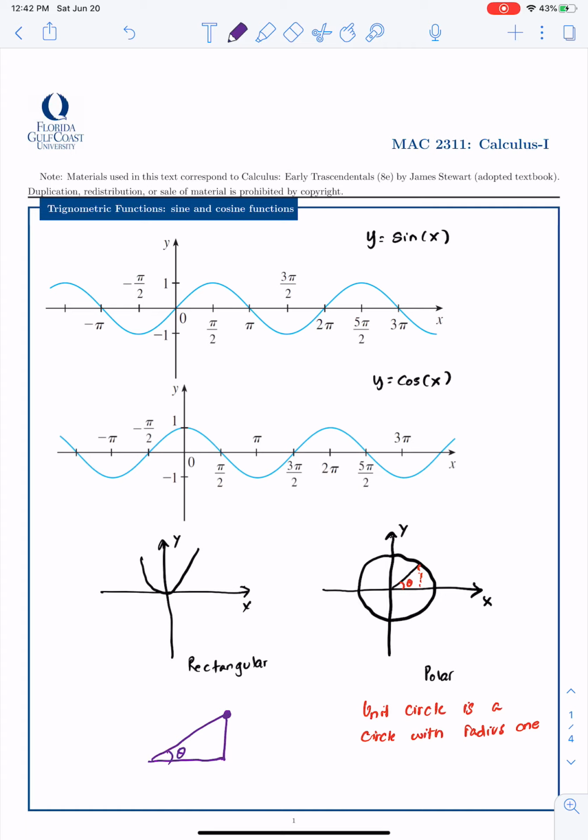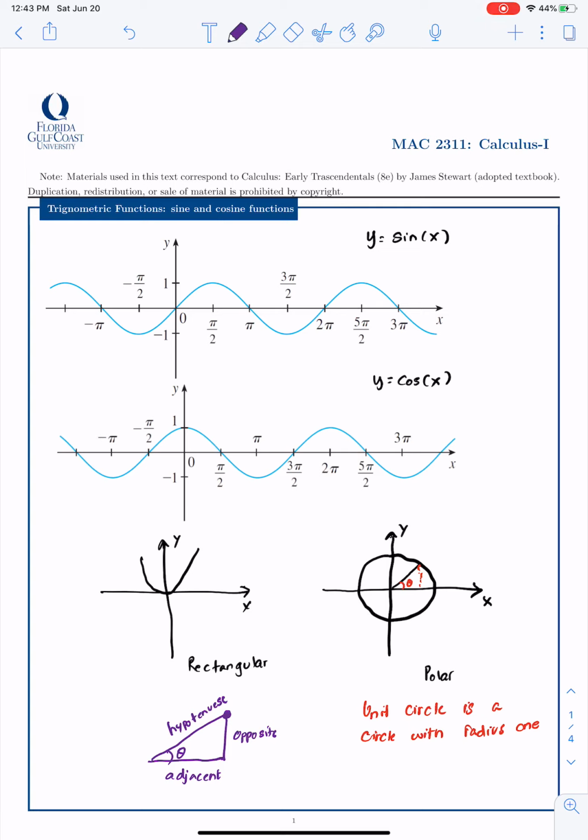So what do we know about a right-angled triangle? It has 3 sides: the hypotenuse, the opposite side, and the adjacent side. Now, why do we call it the opposite side? The side is opposing the angle theta.